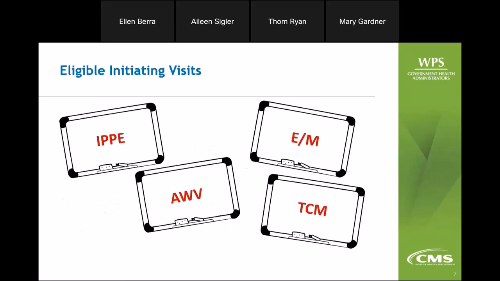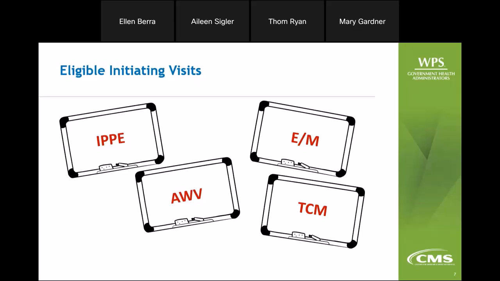So what is an eligible initiating visit? Well, these are listed for you on your handout, and then they're up on the screen for you. It is an initial preventive physical exam or the Welcome to Medicare visit, the annual wellness visit, an evaluation and management service, or the face-to-face service of the transitional care management.